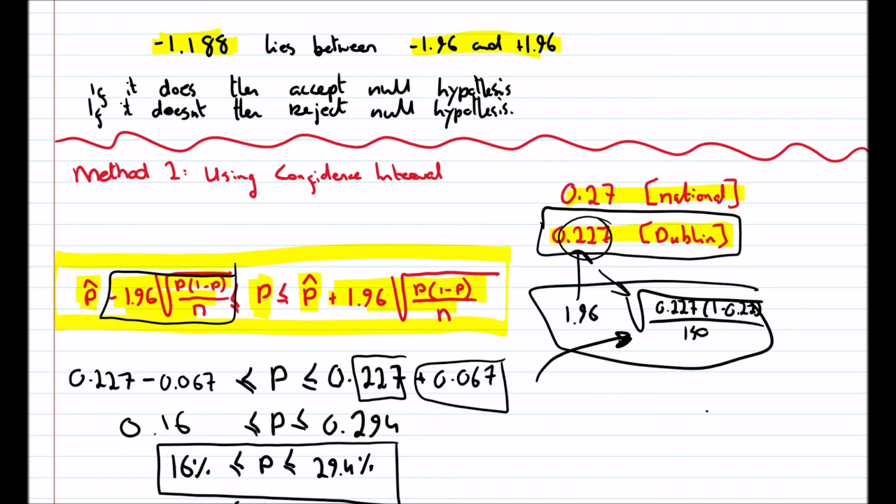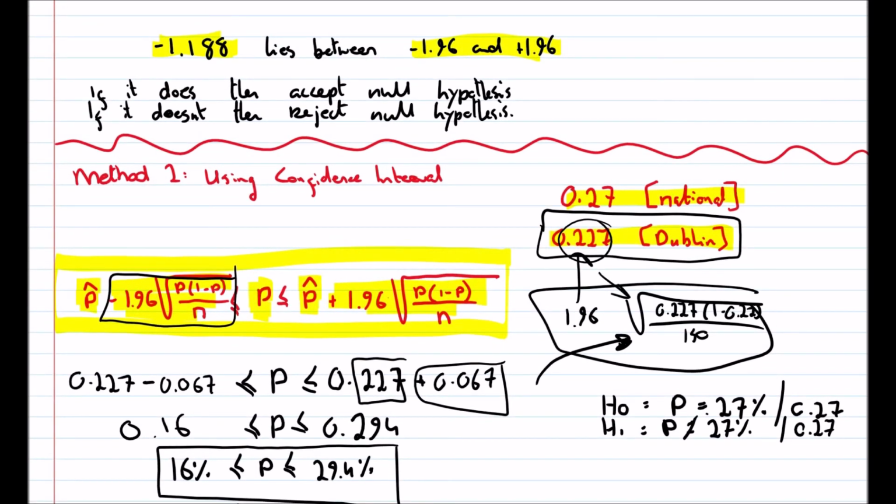So our hypothesis then is, well, H0 is that there's no change, that the kids in Dublin perform the same as the kids in the rest of Ireland. So we'll say that P equals 27% or 0.27. And the alternative hypothesis then is that P does not equal 27%, or 0.27. Right. Now let's see.